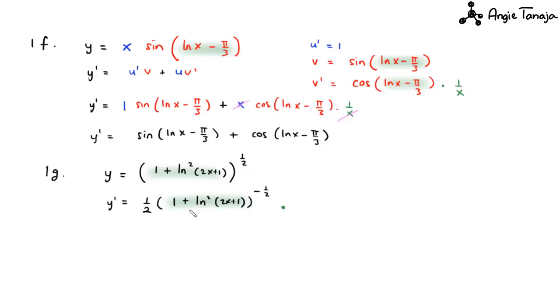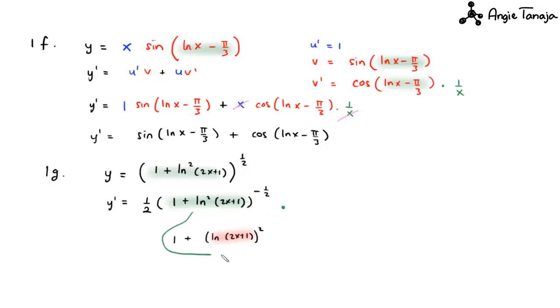Why? Because the shape looks complicated, right? I can rewrite it as 1 plus ln 2x plus 1, all squared. So actually we have 1 plus something squared.